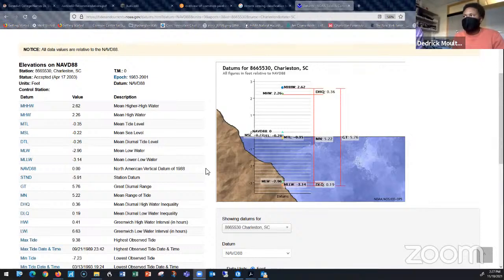So this would be the 0 on the topo maps, okay? And so then we move up or down depending on what we're seeing.